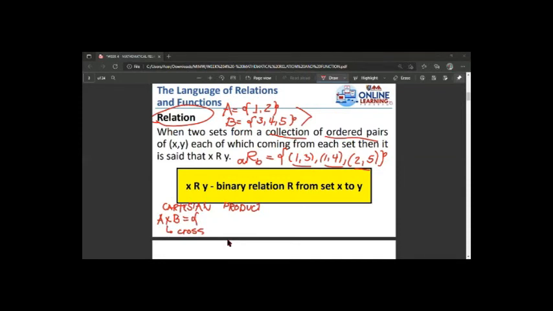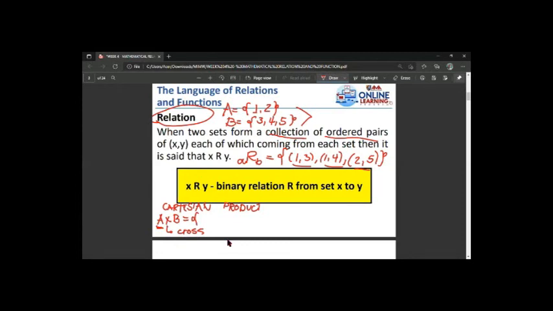Then, tingnan natin yung elements ng set na dideclare sa left side ng X, which is set A, right? Then, after that, we distribute or pair up each element sa each element ng B. So, 1, 3, 1, 4, 1, something like that.